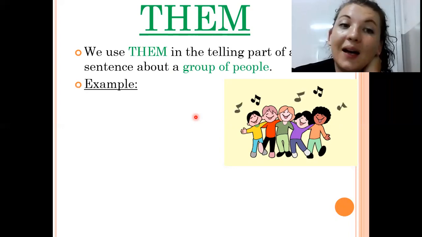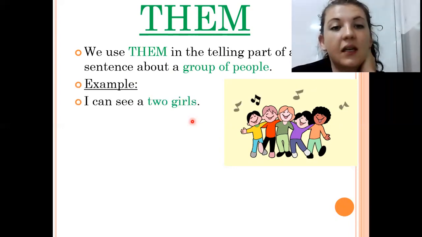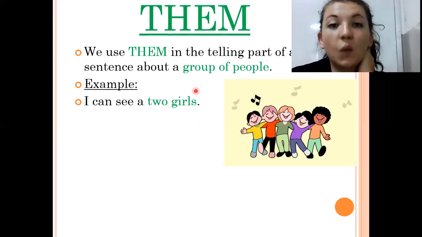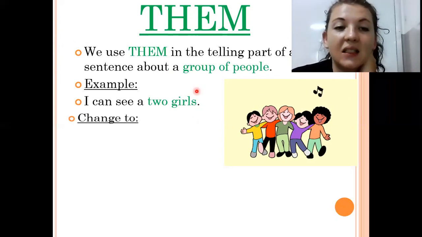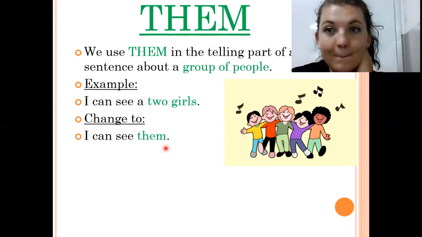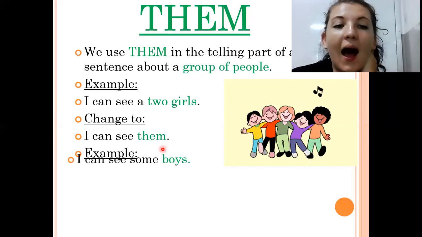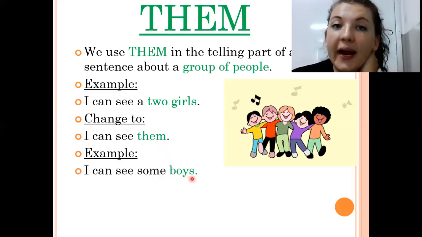For example, I can see two girls. Two girls, more than one girl. And that changes to I can see them. Next example: I can see some boys, a group of boys.